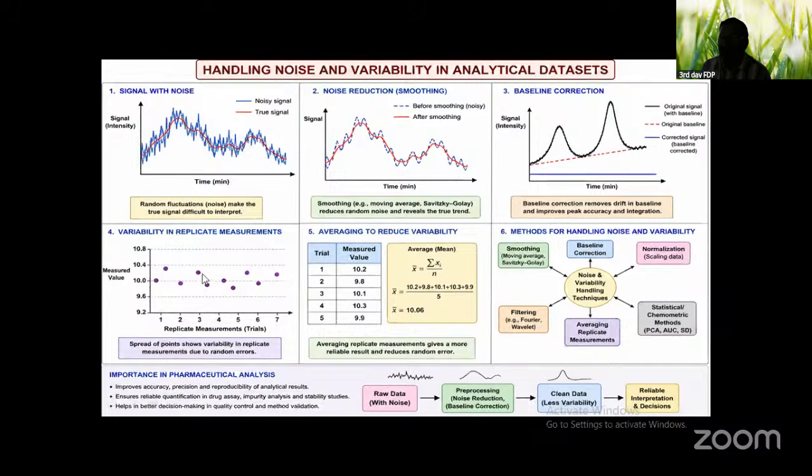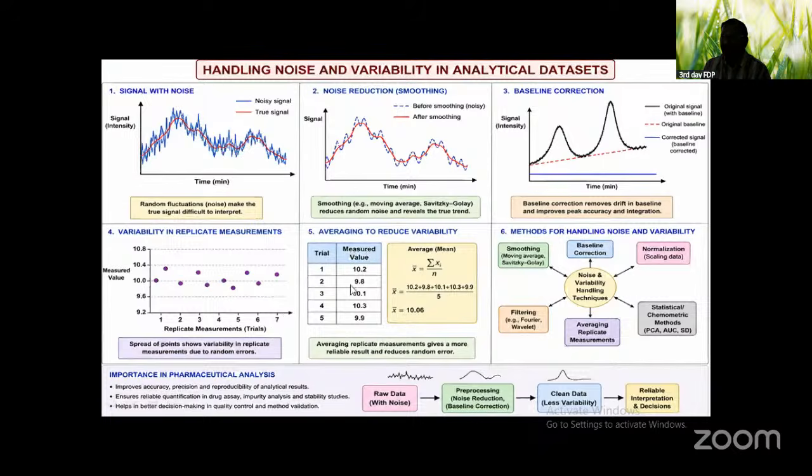Then, by applying the artificial intelligence system, you can see the spots are spread out. The spread of points shows variability in replicate measurements due to random error. These are very close to each other. If they are far from each other, it means your trial has failed.